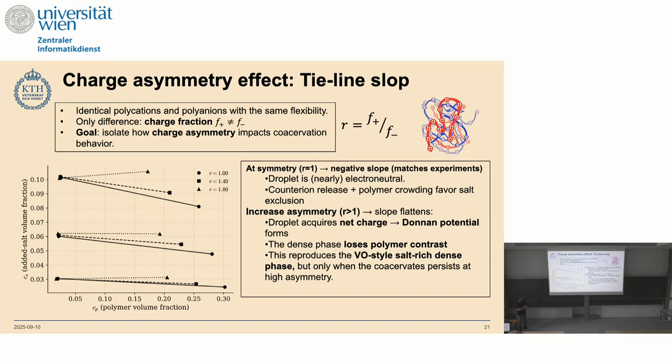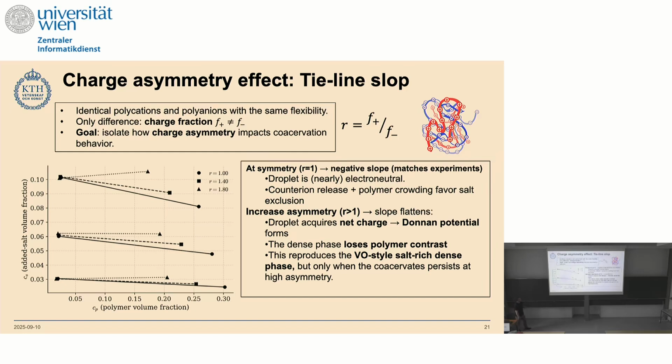One of the things that I was interested in is, in the binodal graphs that we have, what happens to the slope of the tie lines. At the same polymer concentration with three different salt concentrations, I checked how this slope can change with the effect of charge asymmetry.